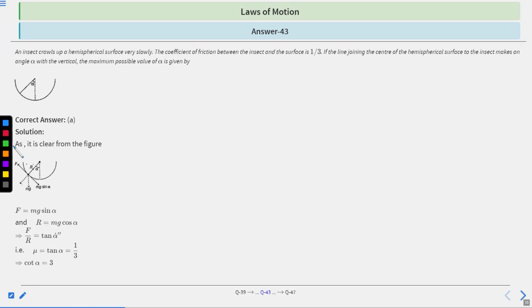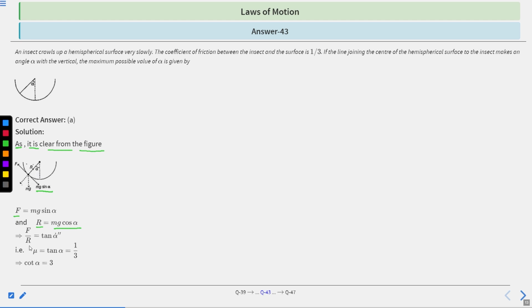So, as it is clear from the figure, F equals mg sin alpha. Clear? And R equals mg cos alpha. After resolving all the components, mg sin alpha, F, R. Clear?